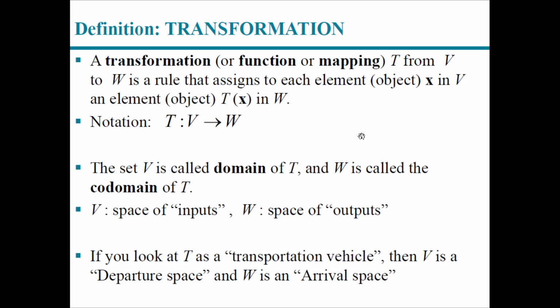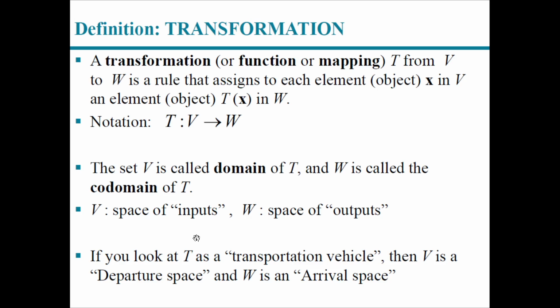Just a reminder that the transformation transforms objects from the linear space V into objects living in the linear space W. So V is the domain and W is the codomain. You can also say, okay, V is the space of the inputs for our transformation, and W is the space for the outputs. That's where the outputs live.